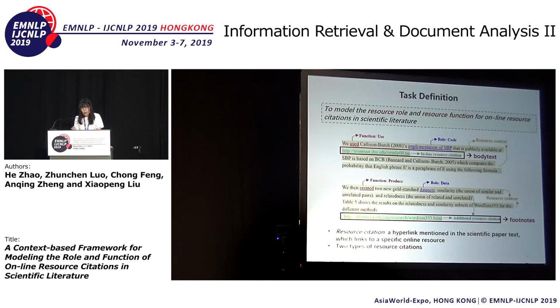One is always in the body text, and we call it the inline resource citation, and the other is always in the footnotes, and we call it the additional resource citation.